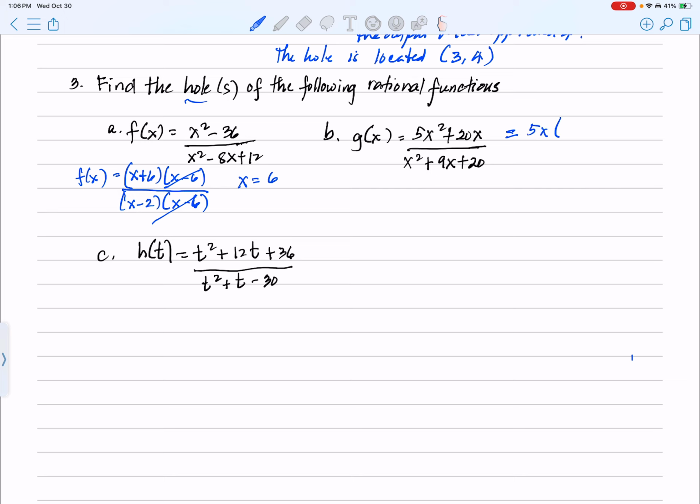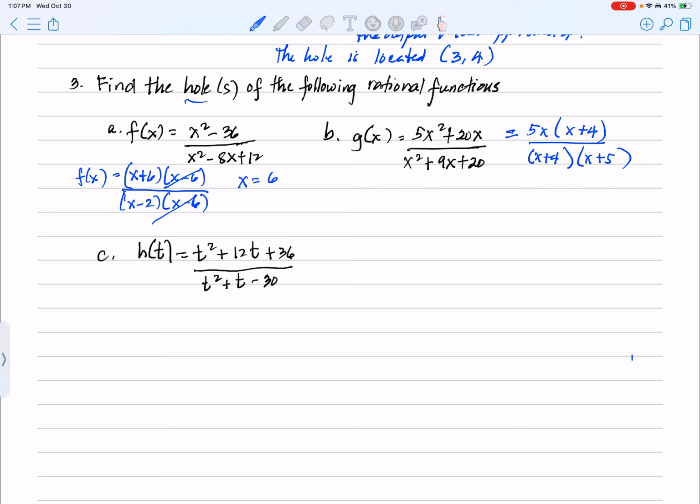Then we have x plus 4. Factor out the common term between 5x squared and 20x. In our denominator, 20, we factor as 4 and 5, all positive. So no problem.